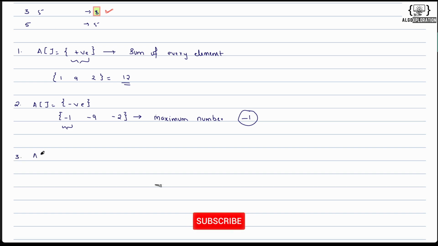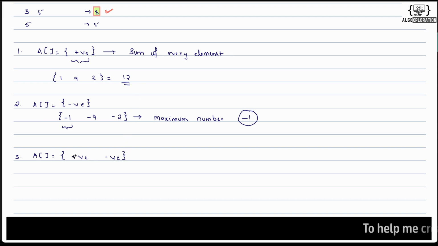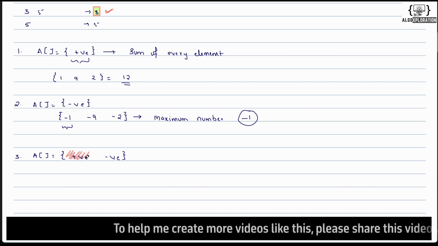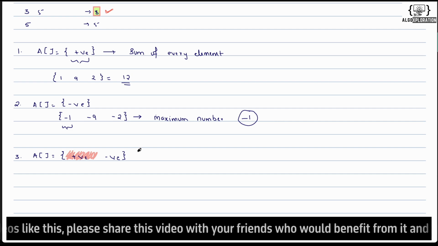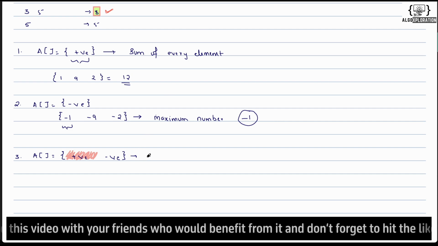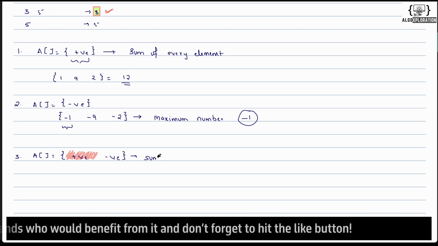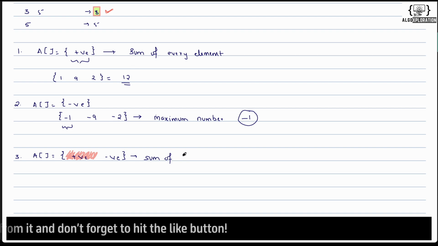Let's say an array has some positive elements and after that some negative elements. Here in this case, the maximum subarray sum will be the sum of all positive elements, right? So here the answer will be the sum of positive elements.